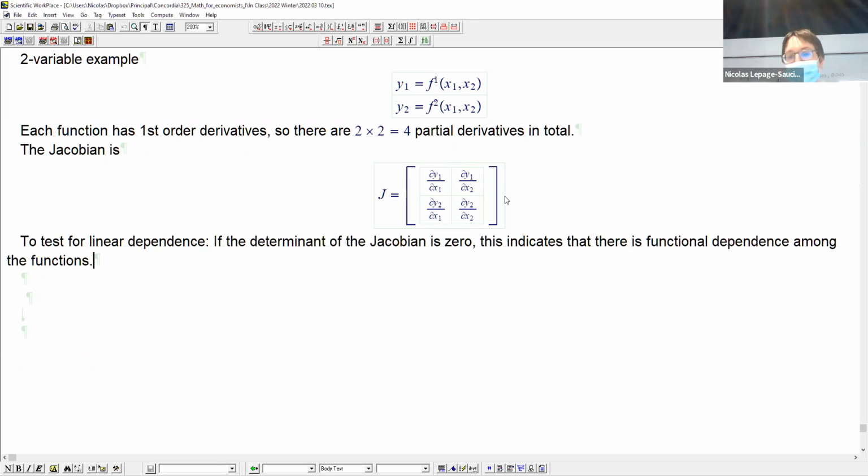So what this means essentially is that x1 and x2 change the value of f1 exactly in the same proportion as x1 and x2 change the value of f2. No, it's different.